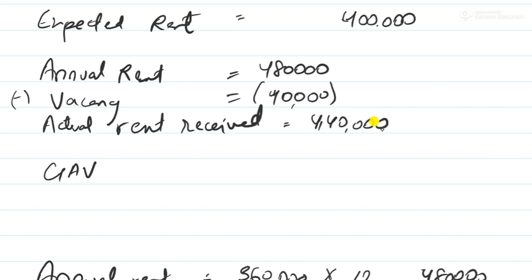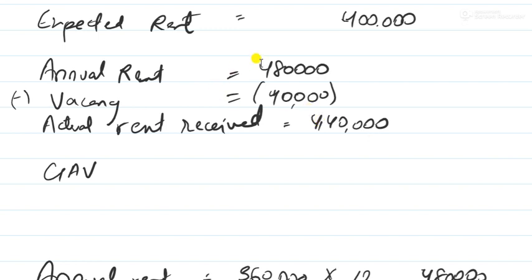Now what would be my GAV? Simple, 440. Even after considering the vacancy, my actual rent received is higher, then 440 will be my GAV. If after considering vacancy it is lower, then also we'll consider the JV.